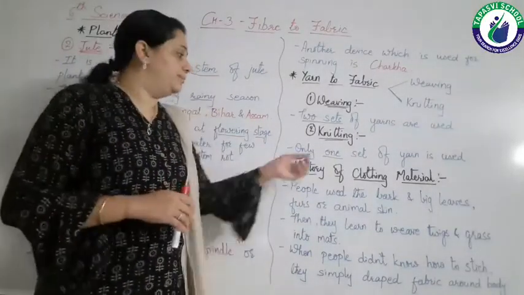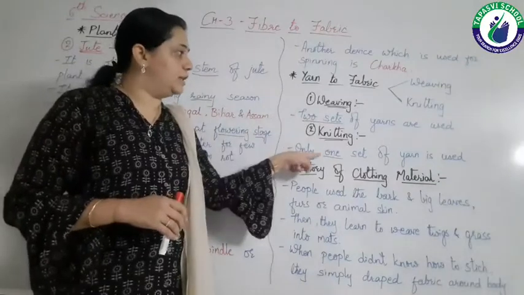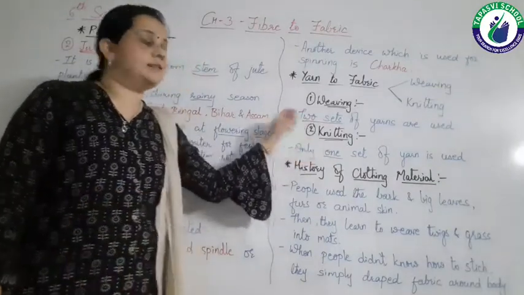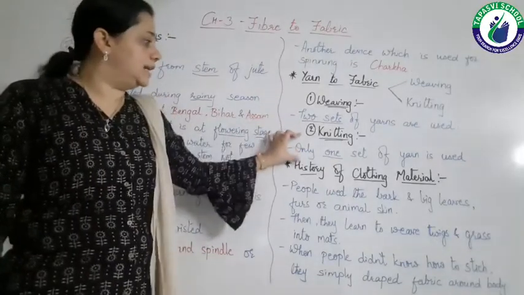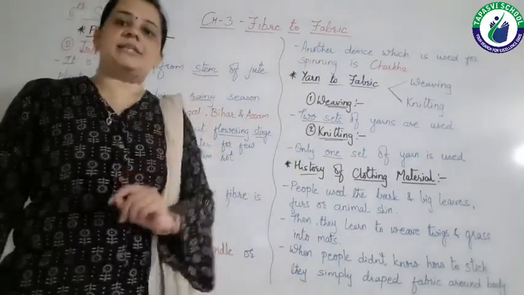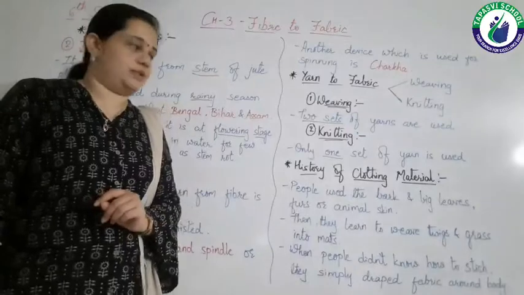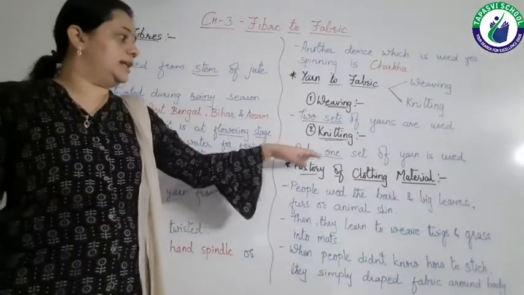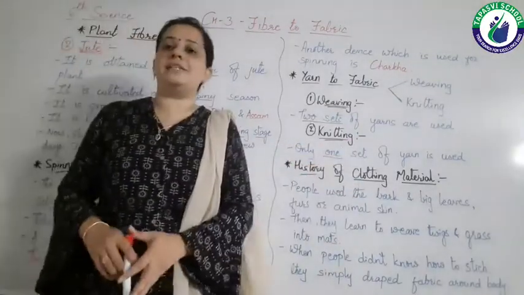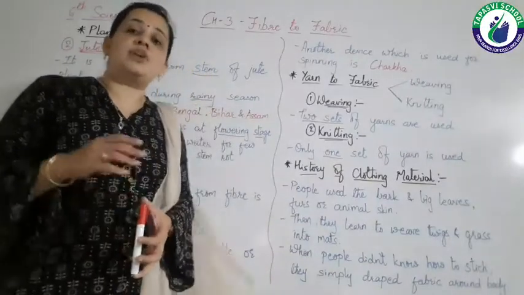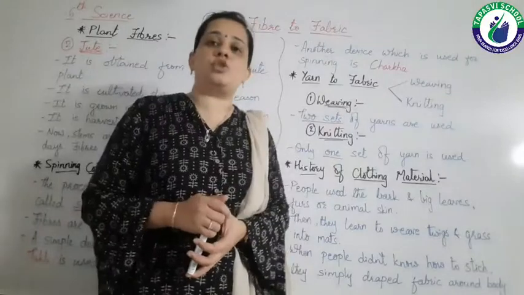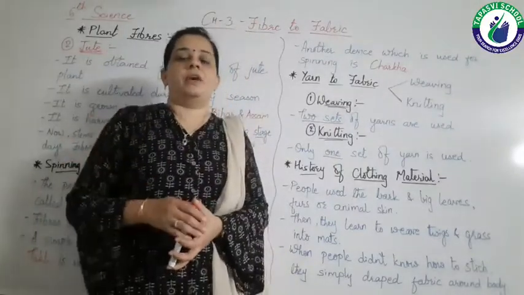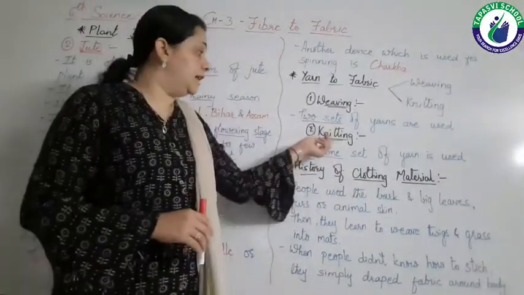So the main difference between weaving and knitting is that in weaving two sets of yarn are used, while in knitting only one set of yarn is used, right? Generally knitting is done to make sweaters, socks, etc.